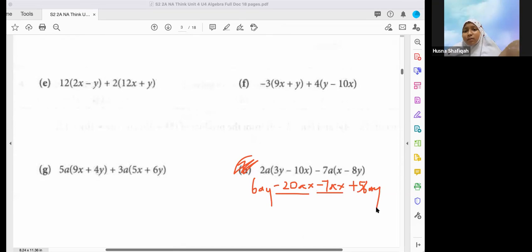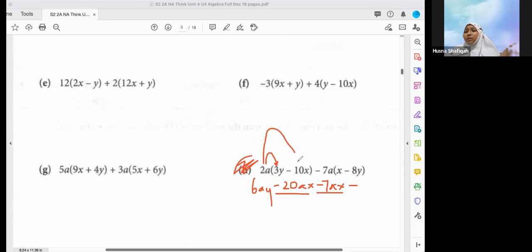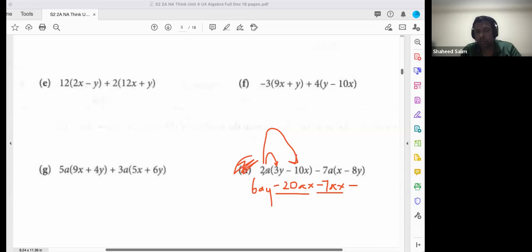Why is it 20x? You know this one, this times this. Then after that, this times this. So number times number, 2 times 10, 20. A times X, AX. Plus times minus, minus. Can you see now?